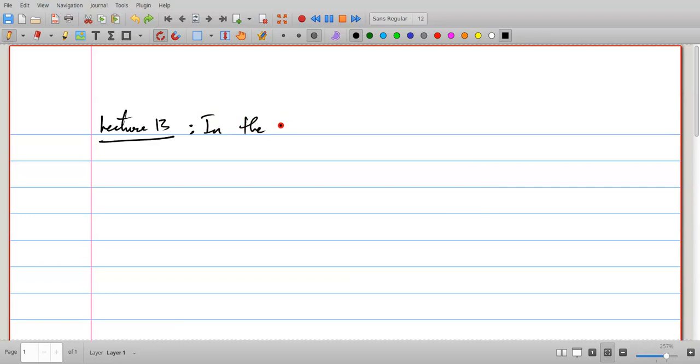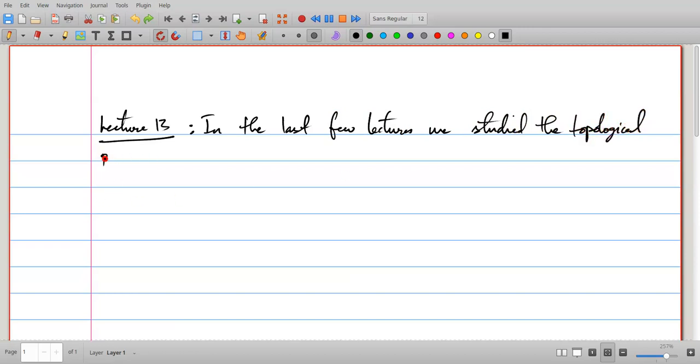In the last few lectures, we studied the topological property of being connected.